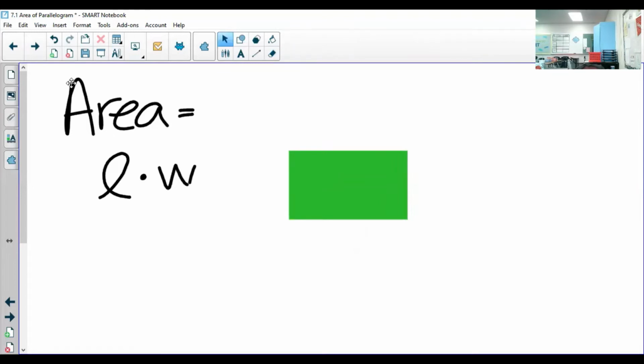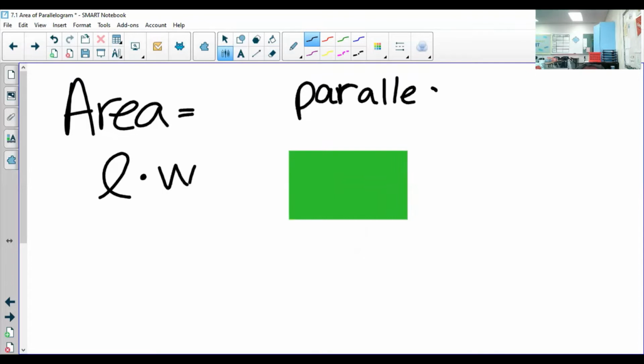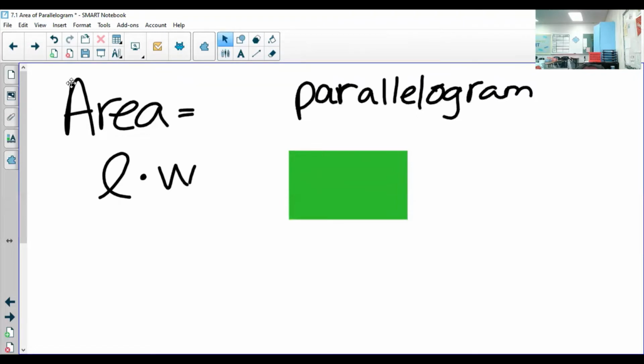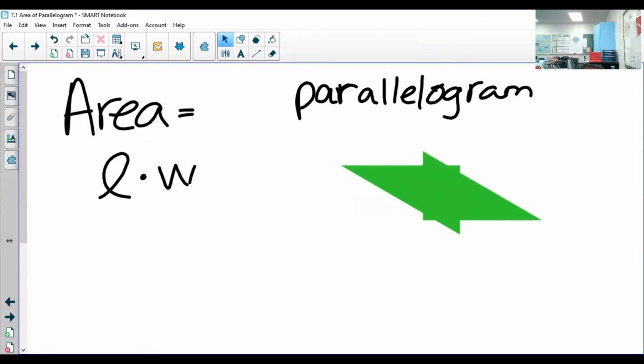So what we have here is a rectangle, but the shape that we are going to be dealing with in this lesson is a parallelogram. Let me just make sure I spell it right. Parallelogram. There we go. Okay. And what is a parallelogram? Well, it's actually a rectangle that's broken into 2 pieces and just rearranged.